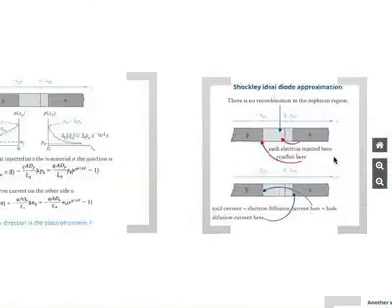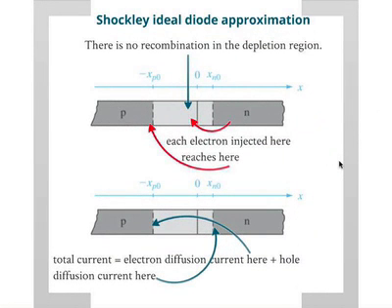This is the ideal diode approximation which we talked about briefly before, but there's a term to it. It's called the Shockley ideal diode approximation. Essentially, it assumes that there's no recombination in the depletion region, which is a little bit obvious if you think about it, because we assume there are no carriers there. There are very few carriers, a very little probability of recombination.